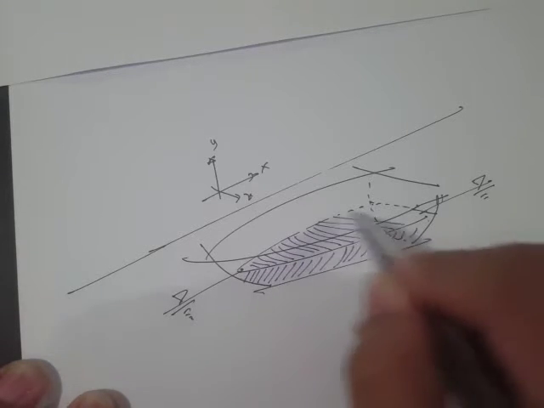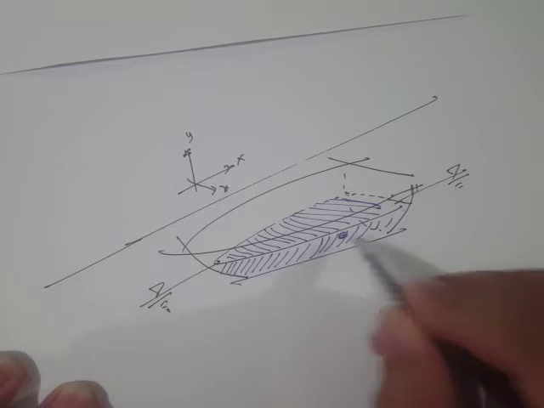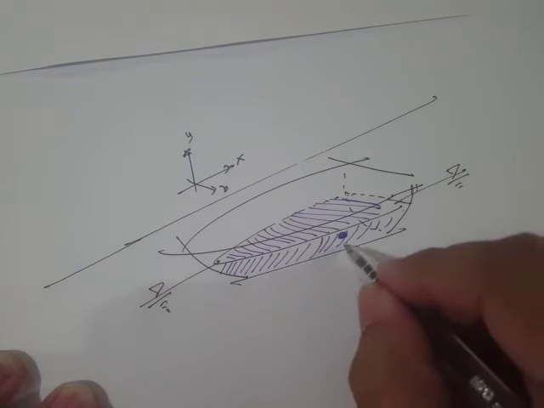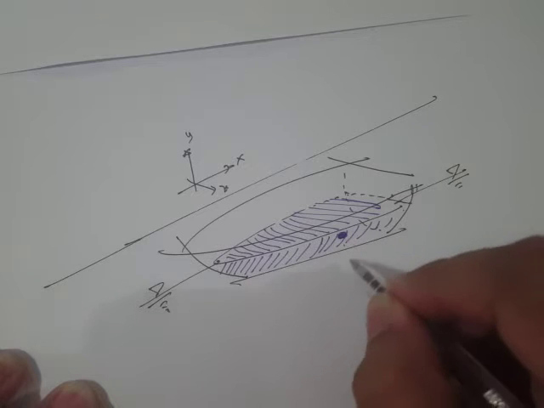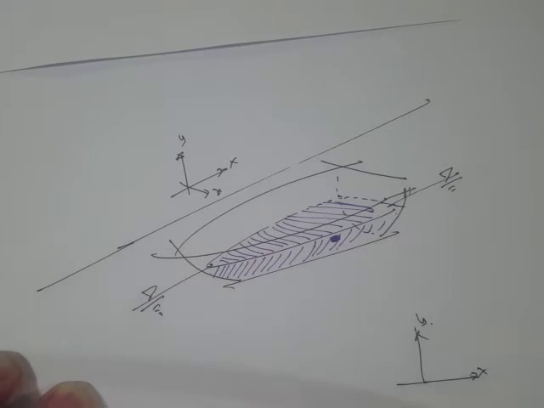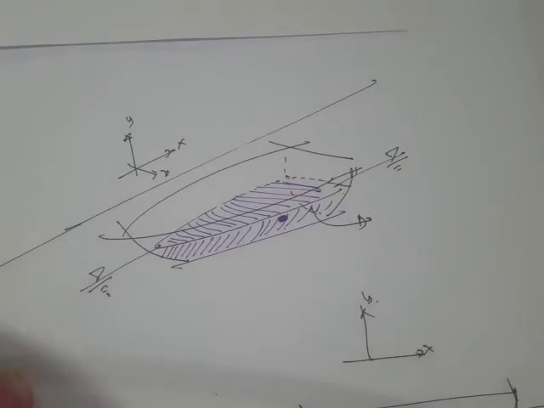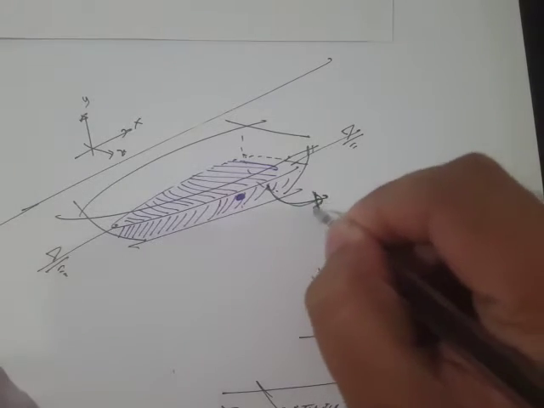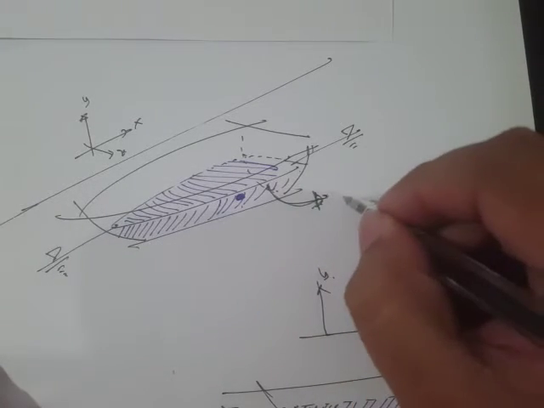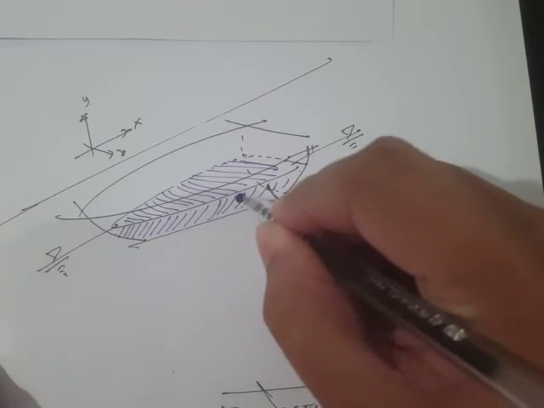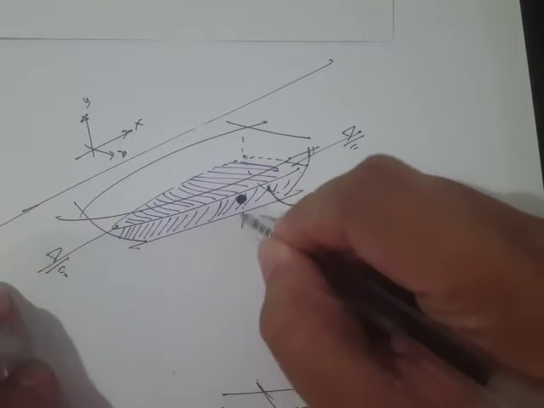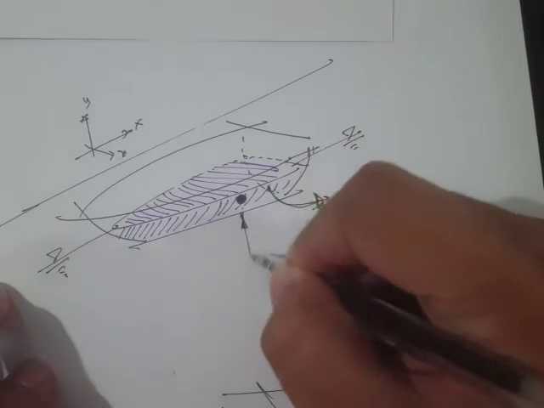Since it is a volume, there must be some centroid as well. So here's our centroid of the displaced volume, and that's where the buoyant force is acting.